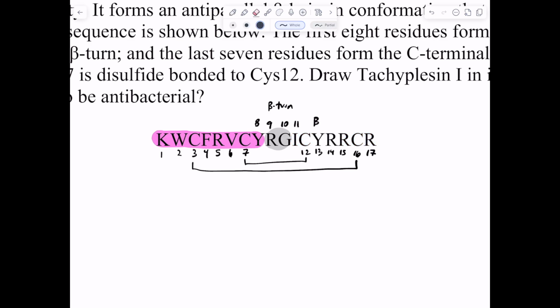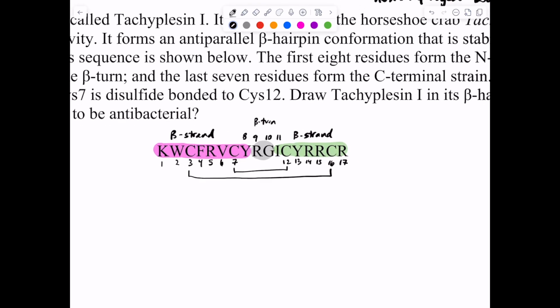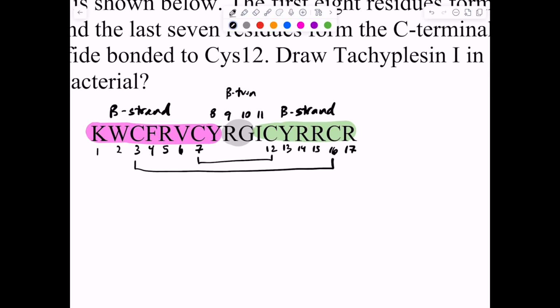I chose blue instead of green, shoot. In green is the C-terminal beta strand. Remember that sequences are always written out N to C. The other thing the instructions tell you is that this sequence with multiple cysteines has two different disulfide bonds, one between cysteine 7 and cysteine 12, and the other between cysteine 3 and cysteine 6.